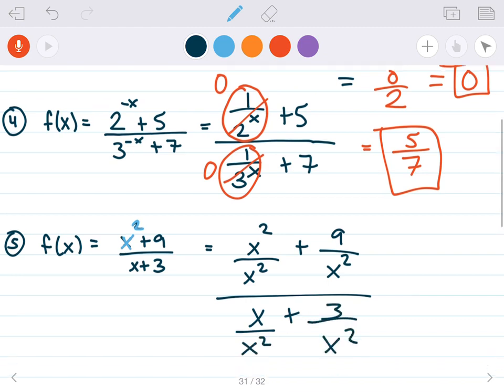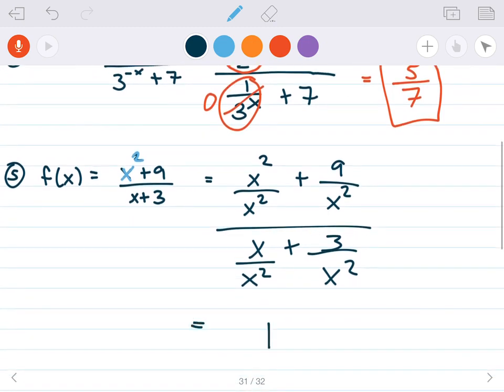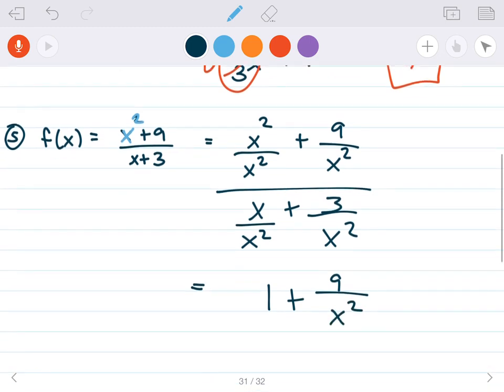Okay, now I can simplify, giving me 1 plus 9 over x squared over 1 over x plus 3 over x squared.